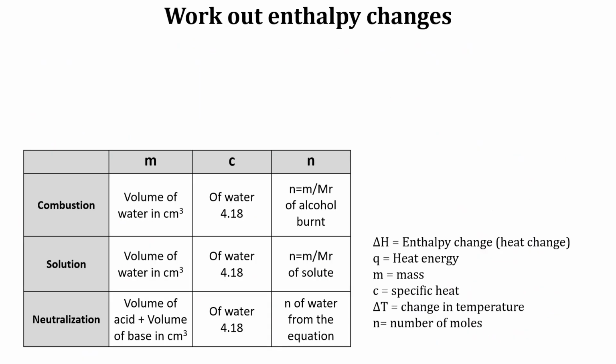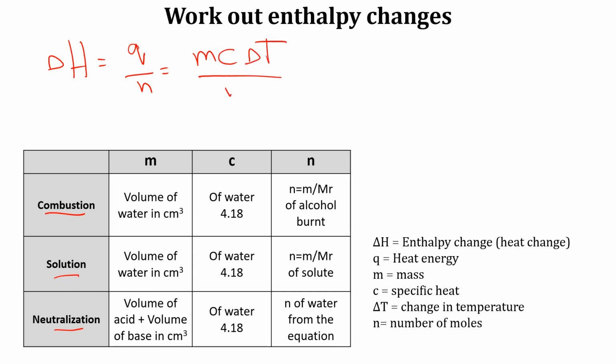So again, we have three types of reactions: combustion reaction, solution reaction, and neutralization reaction. To calculate delta H, we have delta H is equal to Q over n. What is Q? mc delta T over n. Delta H represents the enthalpy change, Q the heat change, m the mass, c the specific heat capacity, delta T the temperature change, and n the number of moles.